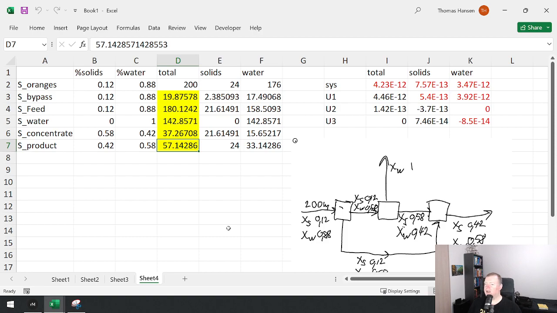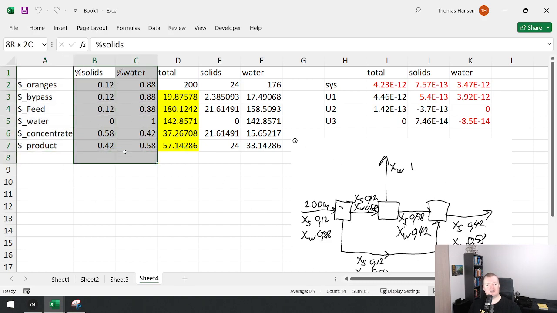So that is how you start to treat systems with bypass. Again, I didn't really do anything differently compared to the previous streams. There are more unit operations to keep track of, there are more streams to keep track of, but the principle is the same. I start out with a section where I have all of the different streams in my system.